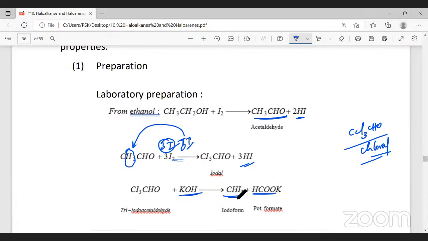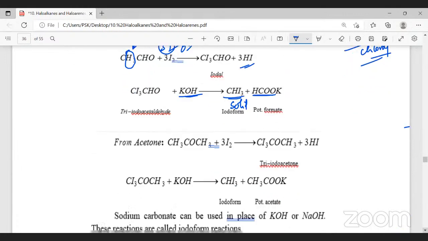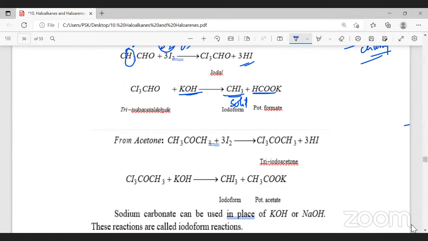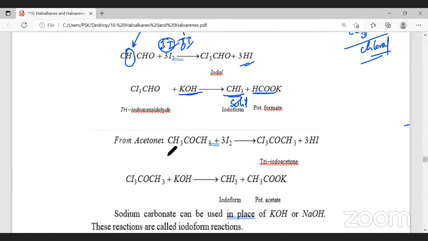giving you CHI3. This is a pale yellow solid, called iodoform. It is similar to the preparation of chloroform. Similarly, if you take acetone and react it with iodine, the 3 hydrogens are replaced by 3 iodine.